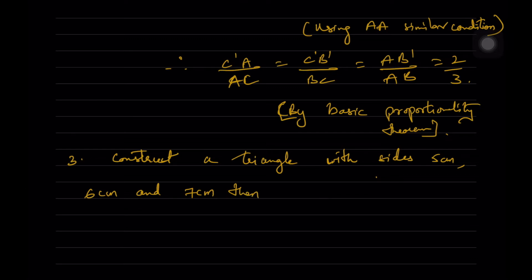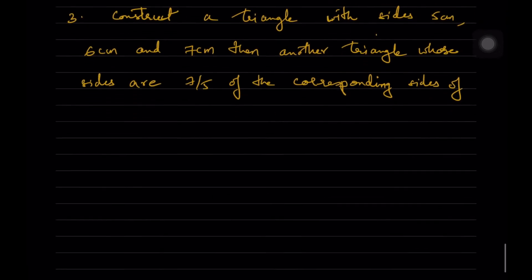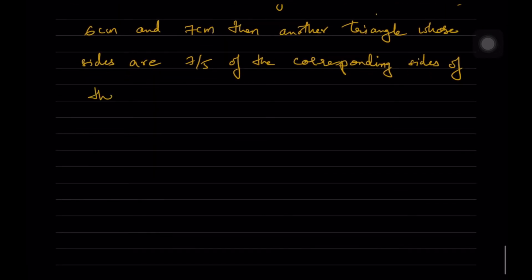Then another triangle whose sides are 7/5 of the corresponding sides of the first triangle.